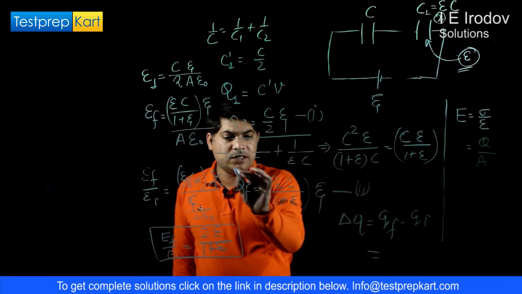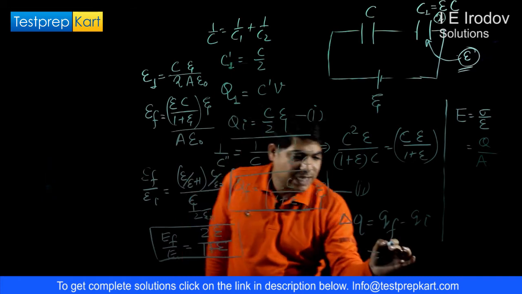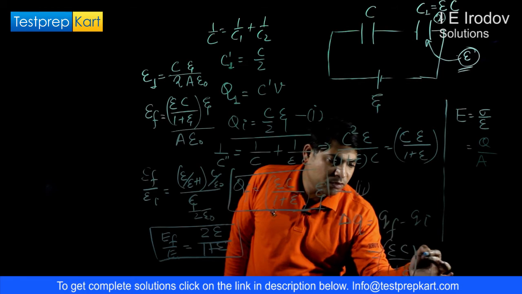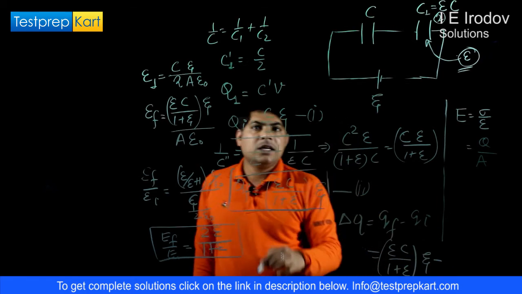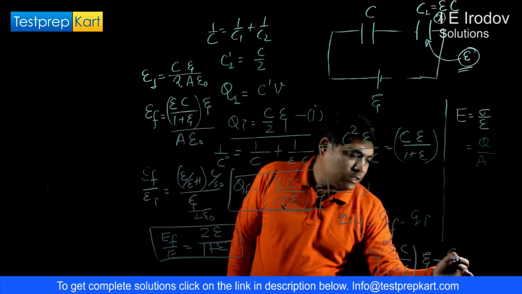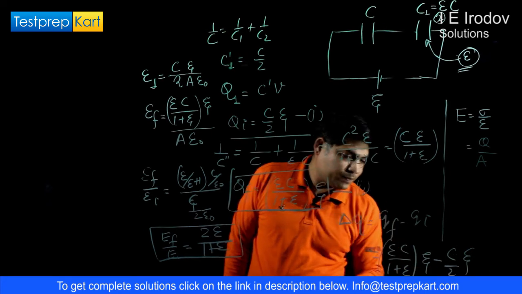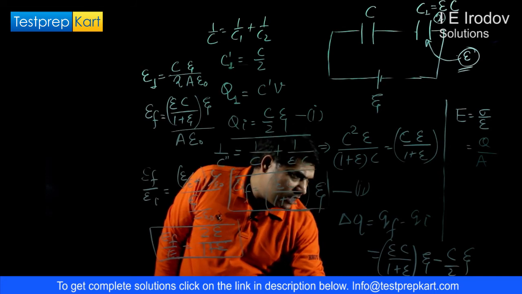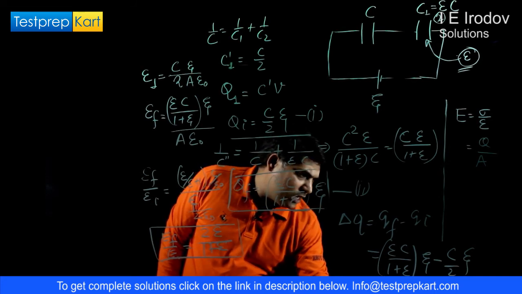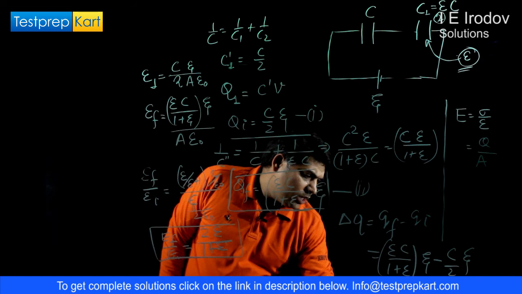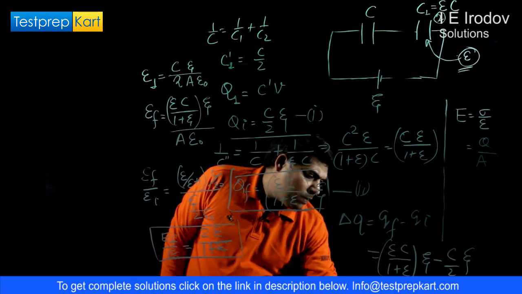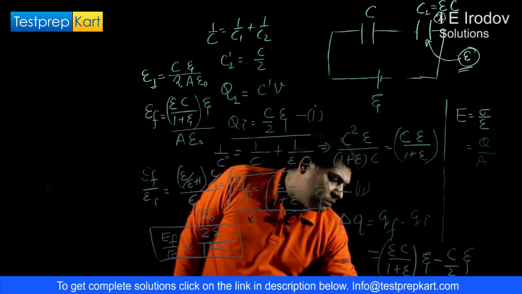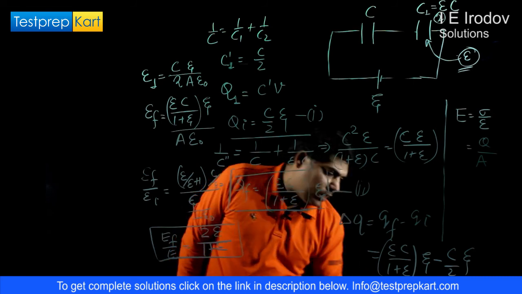Here QF is epsilon C upon 1 plus epsilon into EMF, minus the initial charge C by 2 into E. So from here we get C into E by 2 times, 2 epsilon upon 1 plus epsilon minus 1.